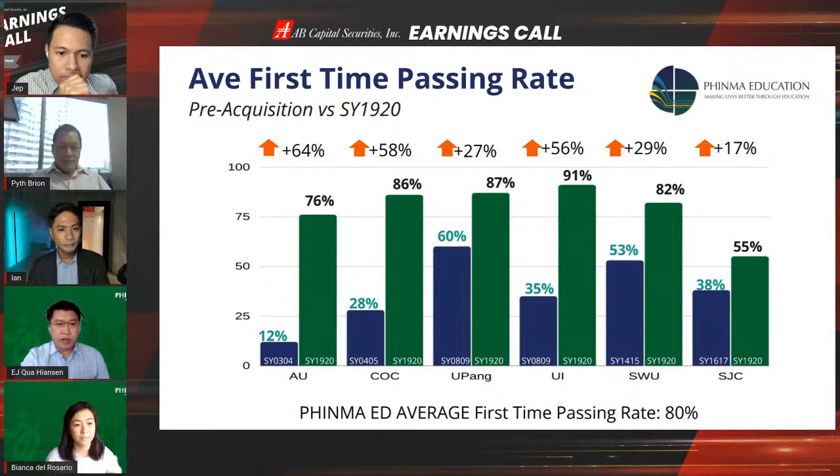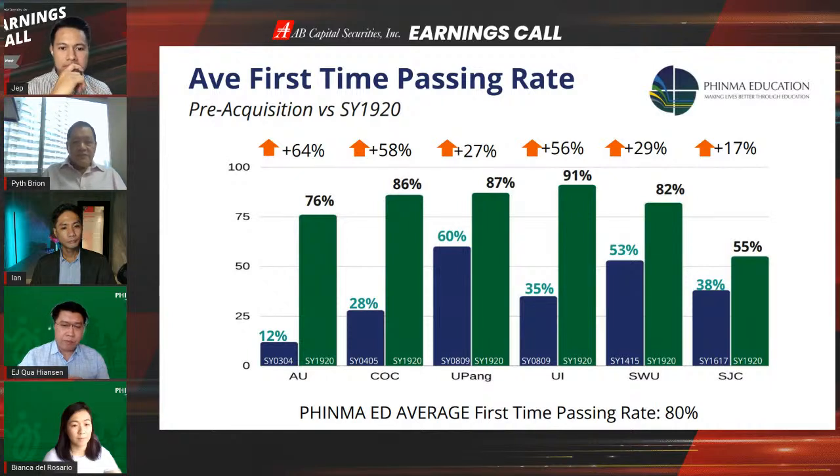That was UPang, which was already on the high side. Now, generally across the network, we've seen improvements across all schools, from 17% to now 64%, up in the case of AU. So the quality is there. They're starting to reap those benefits. And then, leading into employment rates, of course, we're starting to get more board topnotchers.